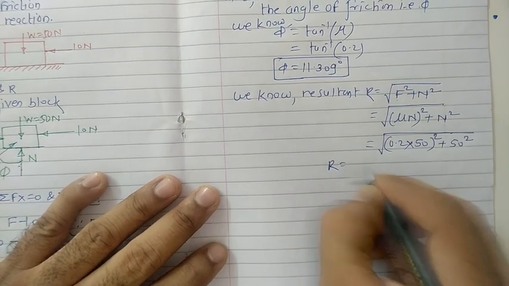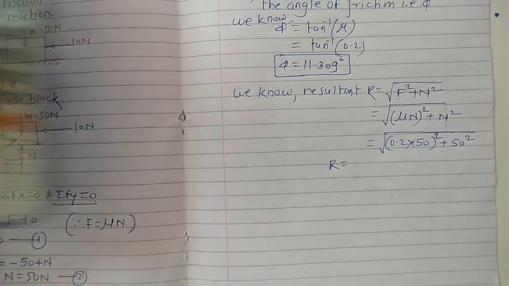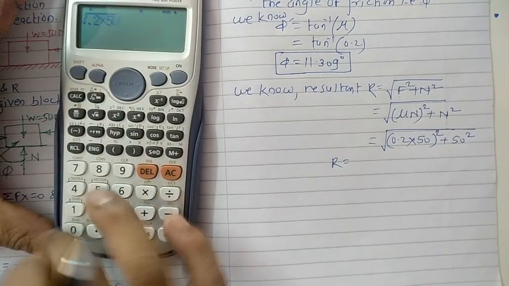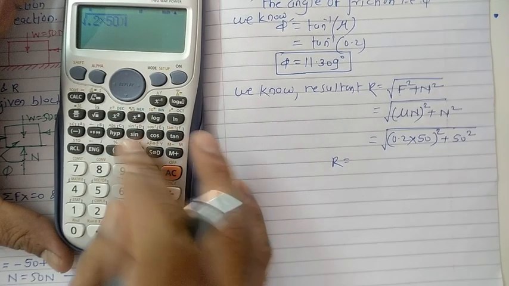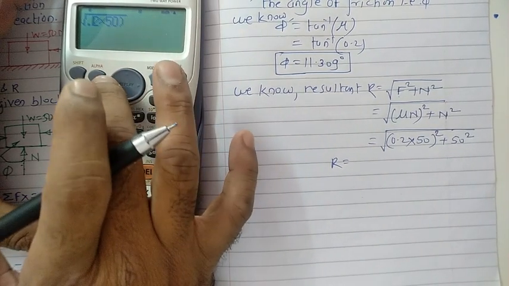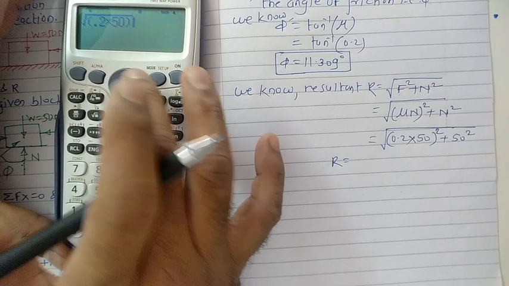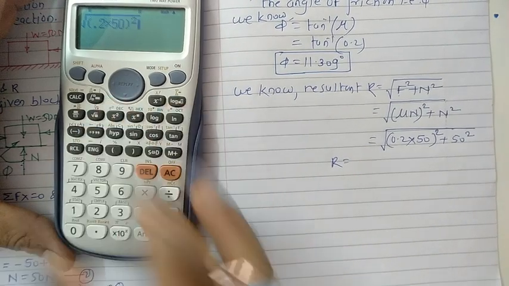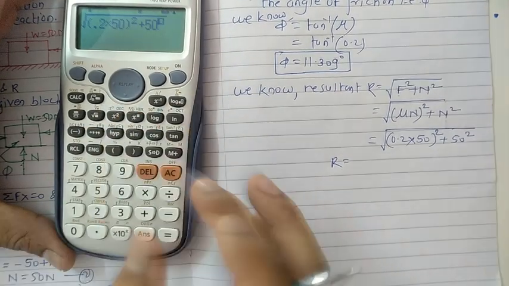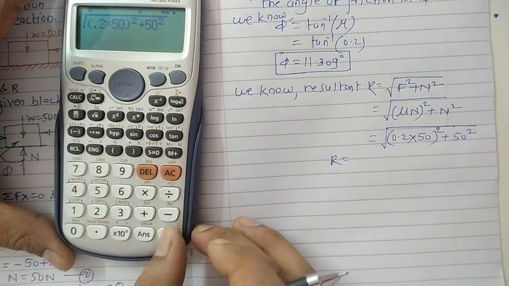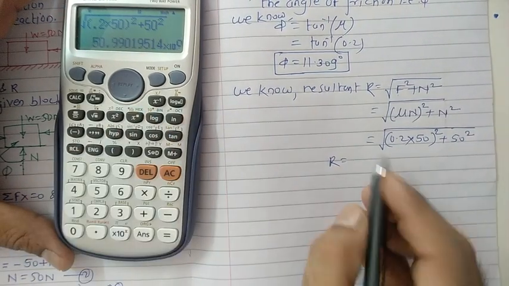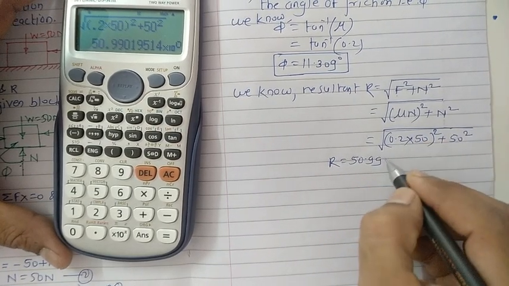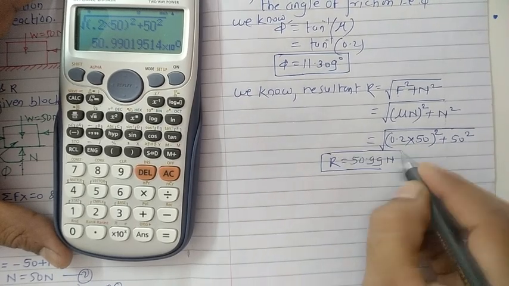Now solve this for R. After solving, R equals the square root of (0.2 multiplied by 50) whole square plus 50 square, and we get R equals 50.99 Newton. That is the answer for the next point.